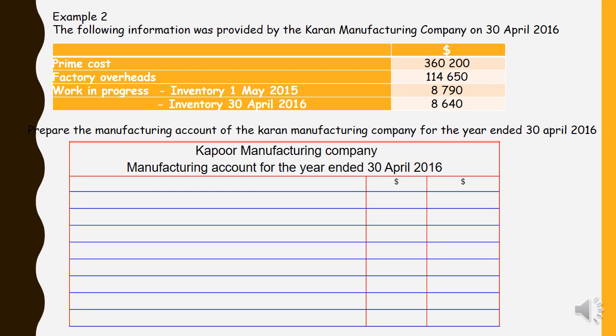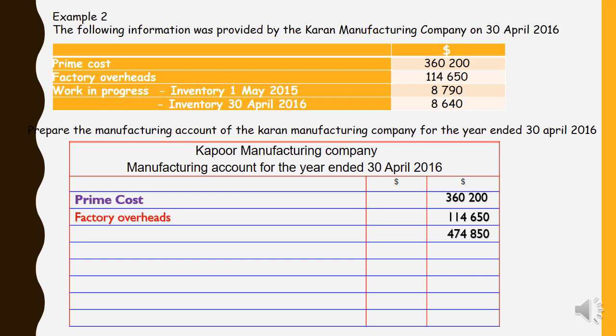The question: prepare the manufacturing account for the current manufacturing company for the year ended 30th April 2016. Since the question already gives you the prime cost, which is 360,200, we write that as the prime cost, and it needs to be added to factory overhead, which is 114,650. We add these two, we get an answer. If there is no work in progress, this is our manufacturing cost.